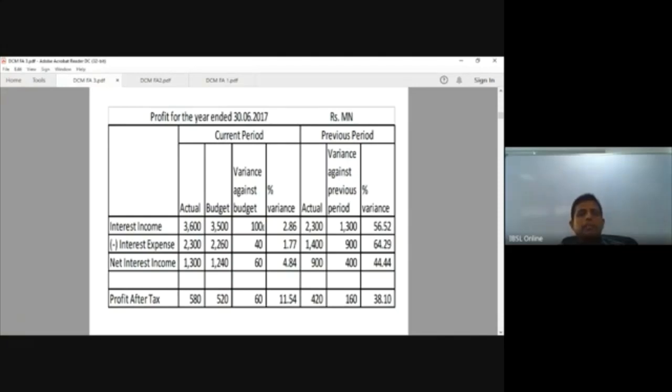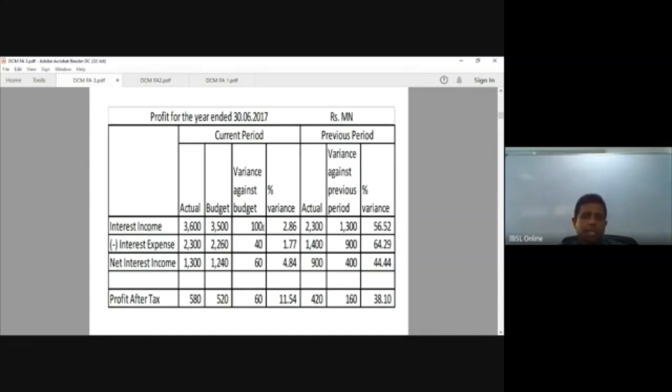This is the profit for the year ended 30th June 2017. All figures are in millions. The figures are demarcated into two main categories, current period and previous period.